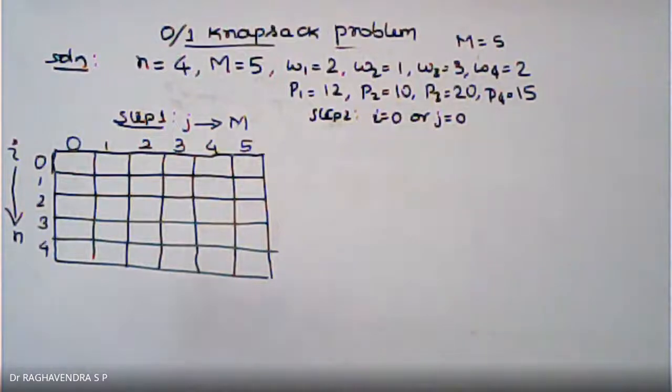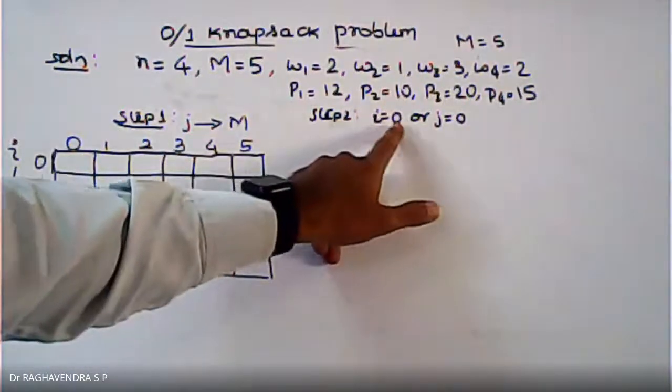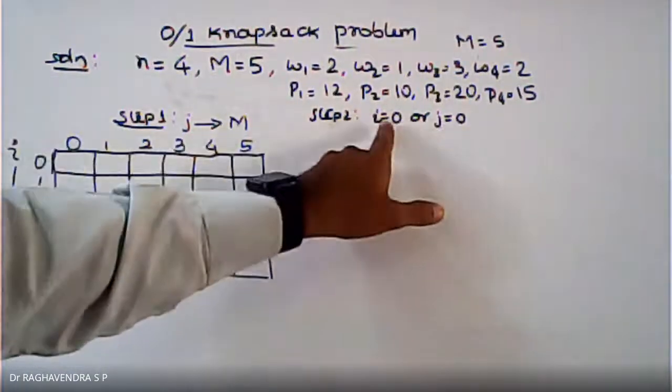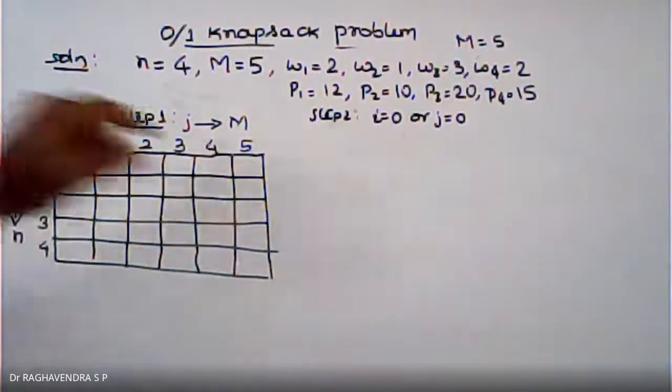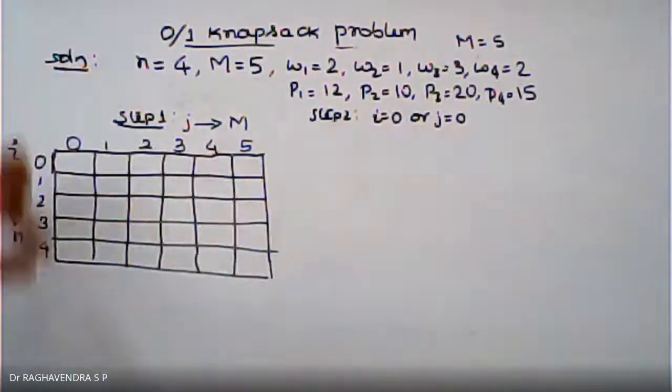Okay, now we are starting. So we will start with I is equals to 0 or J is equals to 0. I is equals to 0 means the first row, J is equals to 0 means the first column.